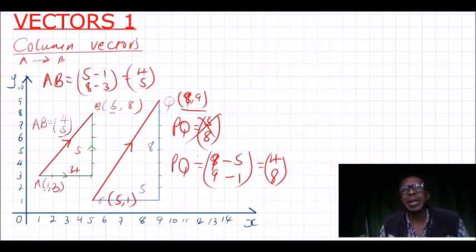That is how we get the column vector. It describes the displacement.